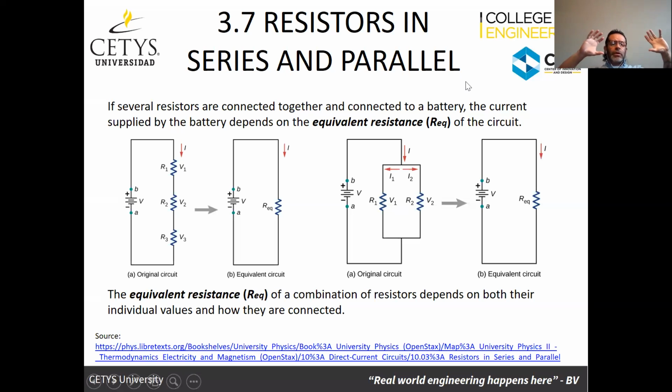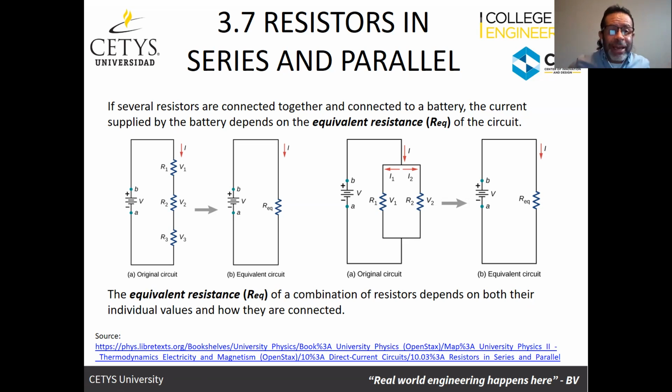Okay, so now that we've talked about resistors in series or series arrays, and we've talked about parallel resistors, now let's talk about combinations of these. Because in the end, in a circuit, we're going to have both series and parallel connections. We're not just going to have series and not just going to have parallel connections. We're going to have a combination of these.